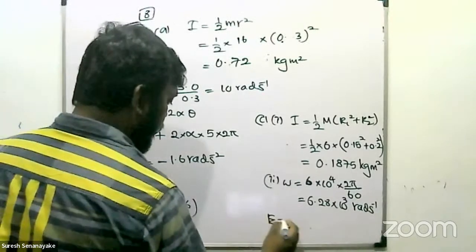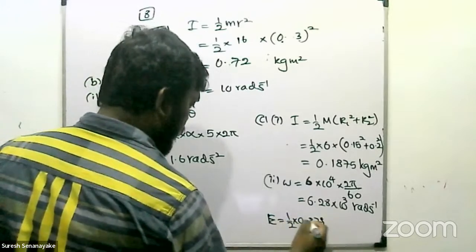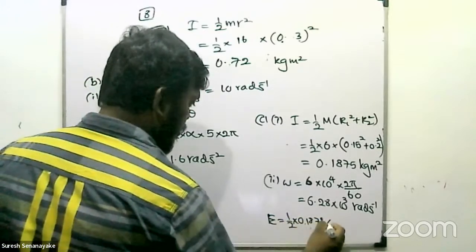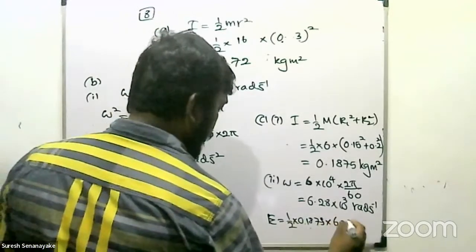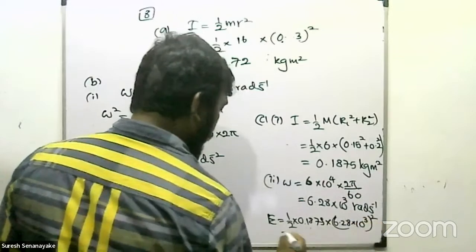The kinetic energy is half I omega squared, with I as 0.875, times that.